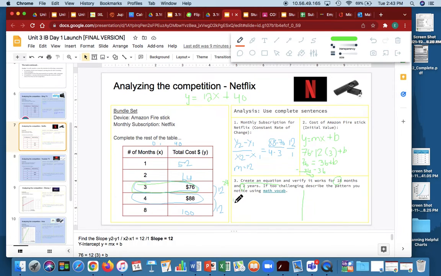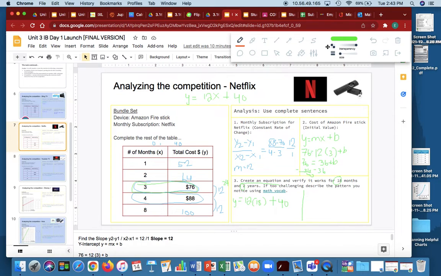So y is equal to 12, which is my slope, times whatever my amount is, 18, plus my initial value, which is 40. Whatever I get for my answer, that's going to be the answer here. And then you're going to do the same thing over here, but you're going to plug in the number 24.